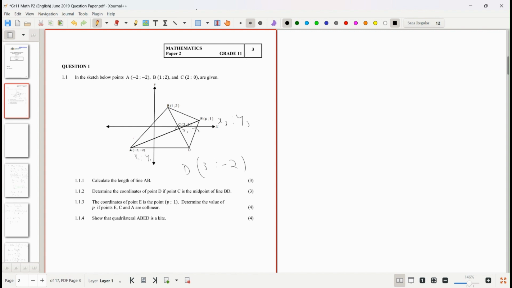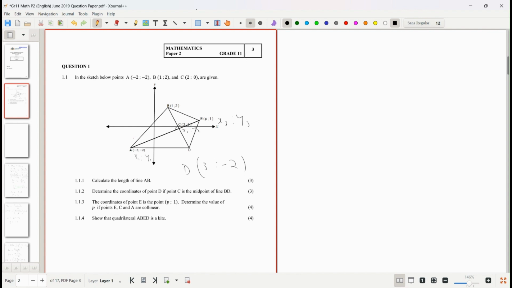So how can we prove that? We need to find the gradient of AE, or AC, and the gradient of BD.